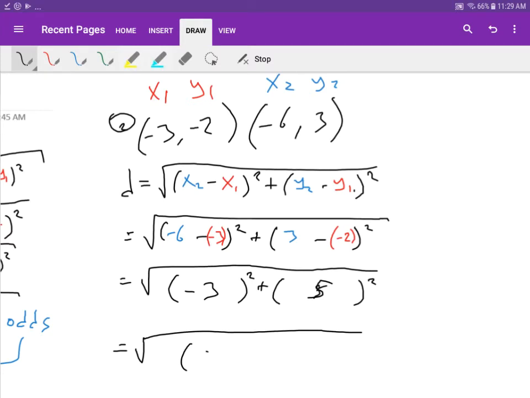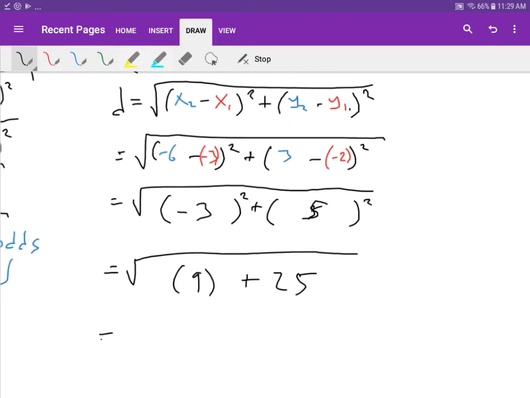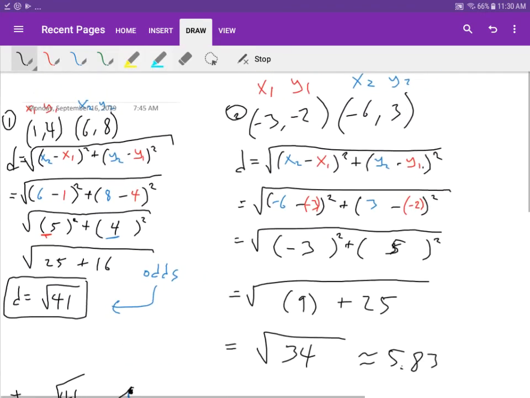So this is 9 plus 25. So the answer here is 9 plus 25 is 34, which is approximately 5.83. That's just the rounding.